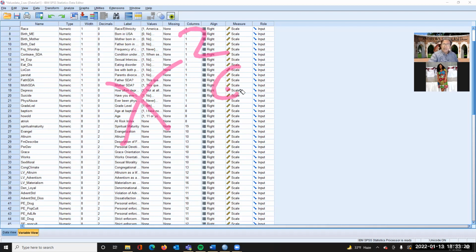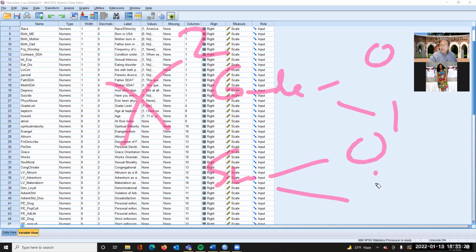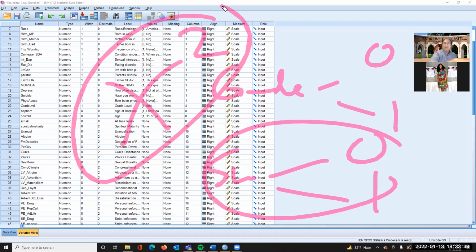So gender is zeros and one, okay? Suicide attempt is no attempt versus attempt. So both of these are categorical. So if you want to determine gender differences on these, the appropriate test statistic is chi-square.